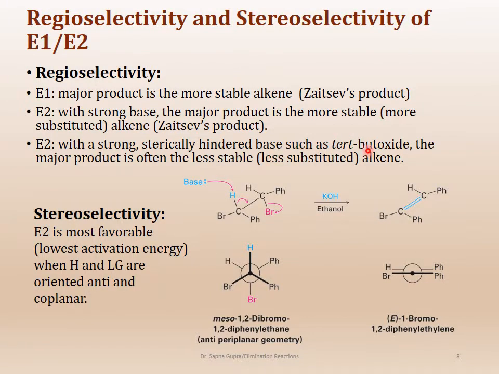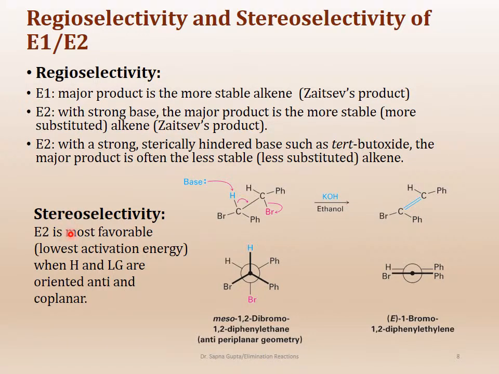In the second case where we have a huge base, that huge base is going to go for a hydrogen that is easily accessible, which is towards the outside, towards the terminal carbon, and therefore the alkene that you will end up getting is the Hofmann product, because the alkene will be a terminal alkene, or towards the less substituted carbons. So in a way, with these two pieces of information, you can drive your reaction and try to get one kind, whether the Zaitsev's product or the Hofmann product. So it's a little bit more control over your reaction.